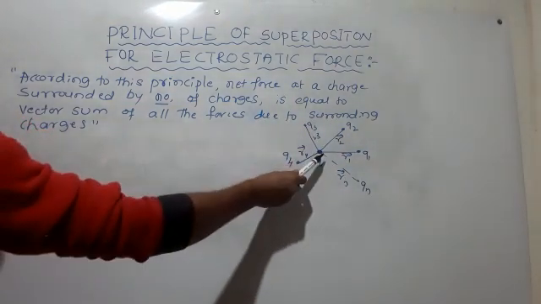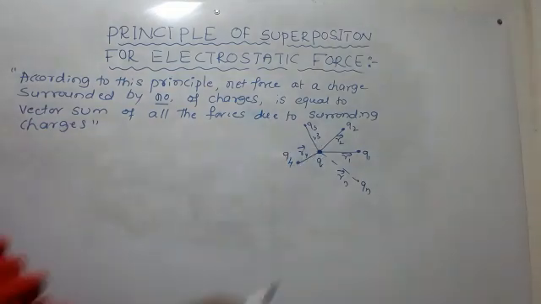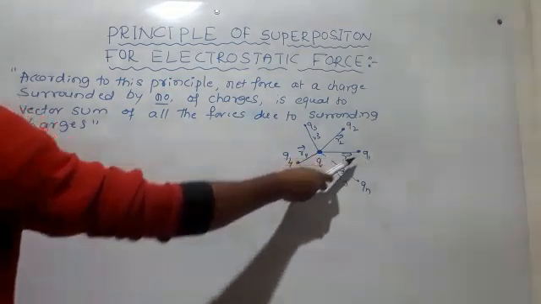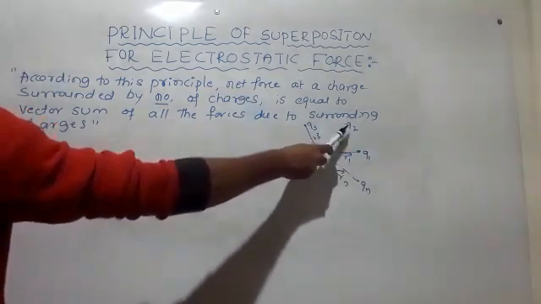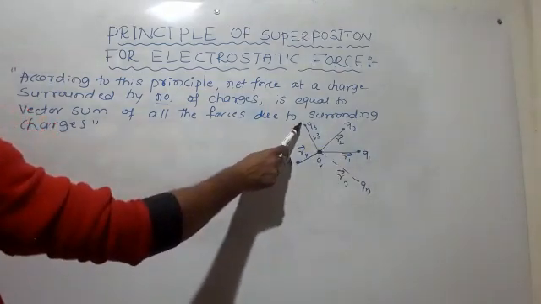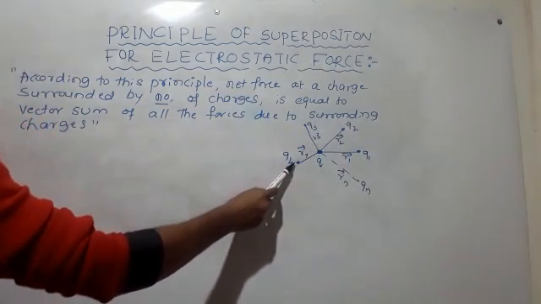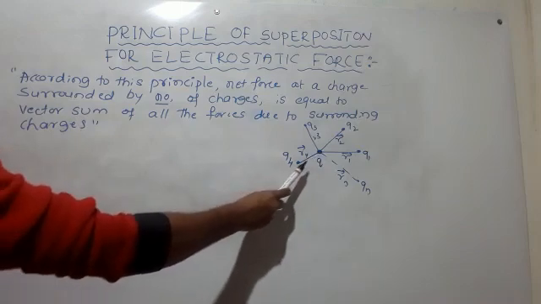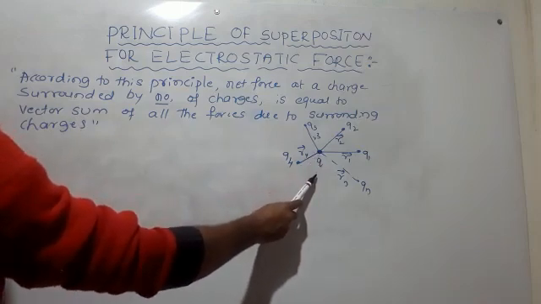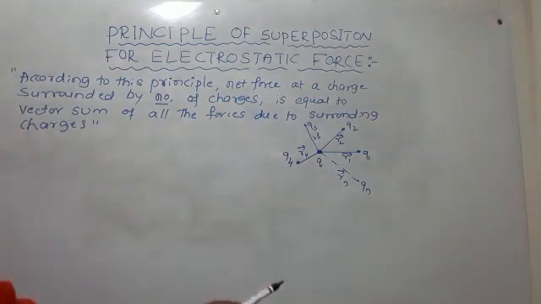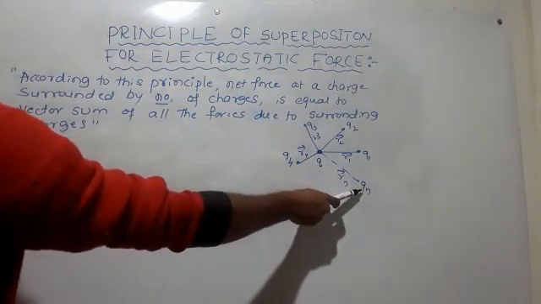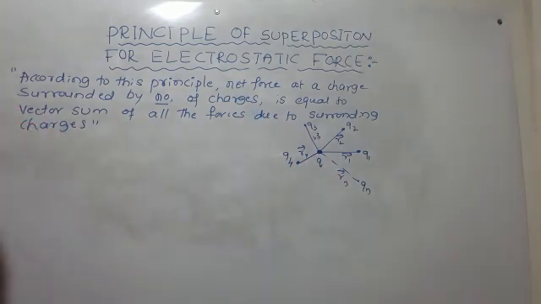That means this charge is surrounded by a charge Q1 at a distance R1, a charge Q2 at a distance R2, charge Q3 at a distance R3, charge Q4 at a distance R4, similarly charge Q5 at a distance R5, like that, the nth charge at a distance Rn.